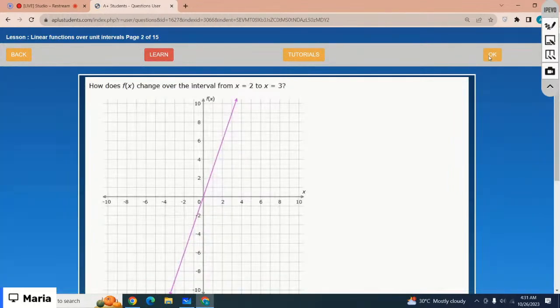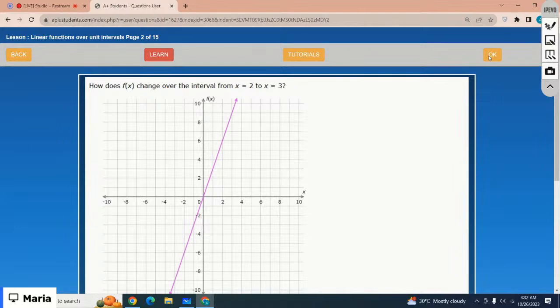Okay, how does f of x change over the interval x equals 2 to x equals 3?